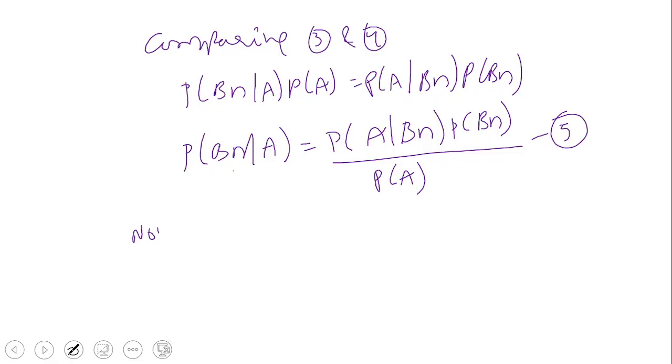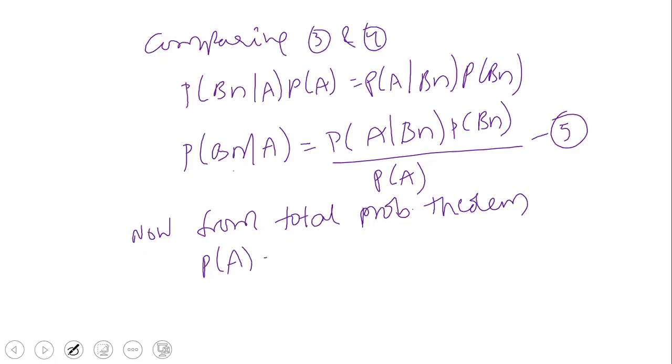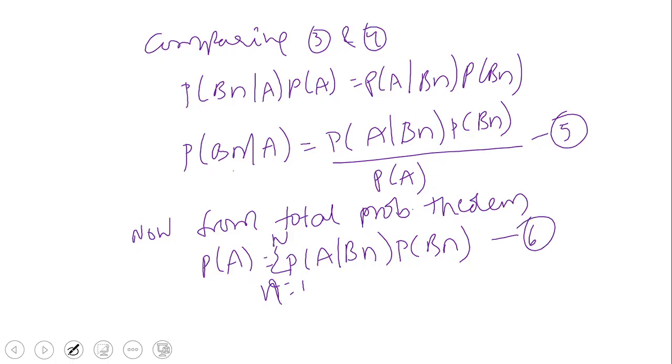Now, from the total probability theorem, we have P of A is equal to the summation of P of A given Bn into P of Bn, n equal to 1 to n. This is the formula we have. Take this as equation 6. Now substitute 6 in 5.